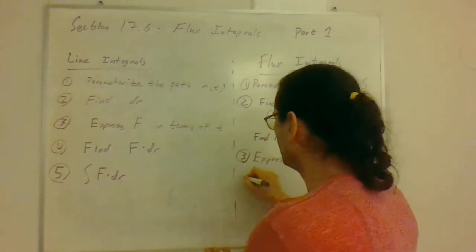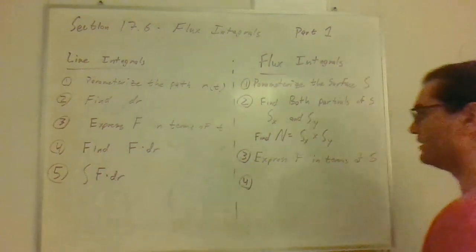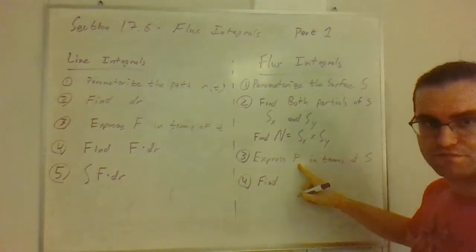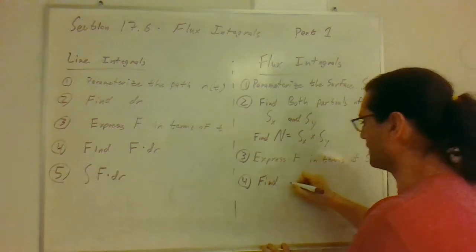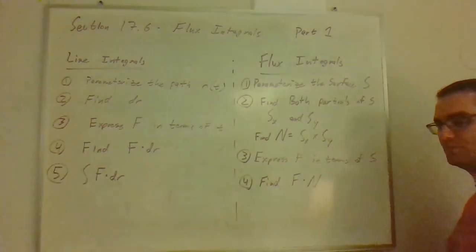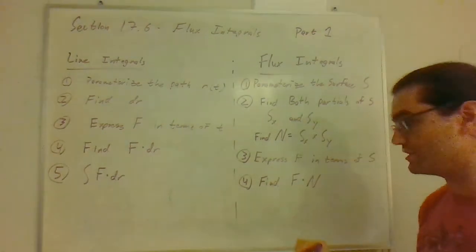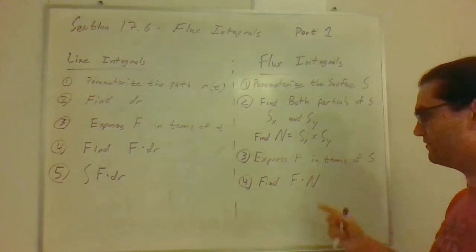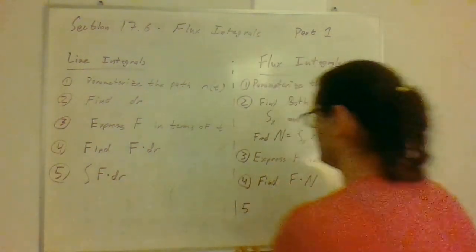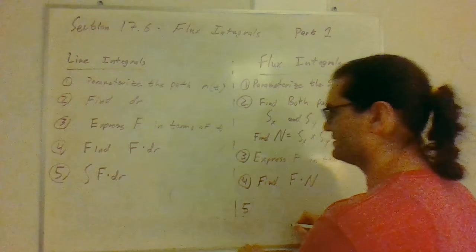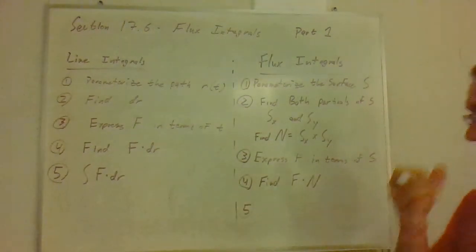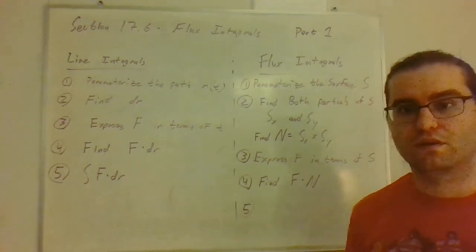We need to take the dot product. Once f is expressed in terms of the correct variables, we're going to find the dot product of that and the normal vector. Again, we're not going along the surface anymore, we're going through the surface, so we have to use the normal vector here. So steps 3 and 4 are essentially identical to these steps of line integrals. They're not so bad. Step 5 is a little bit different.